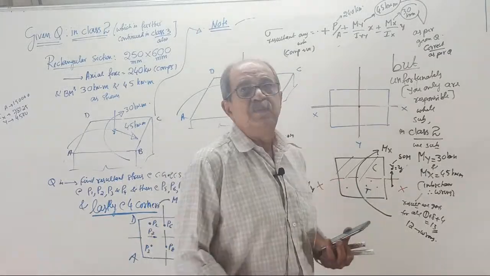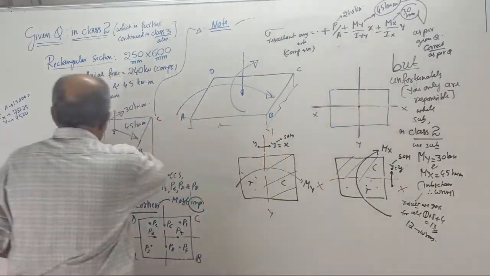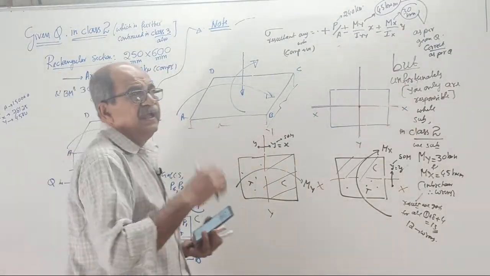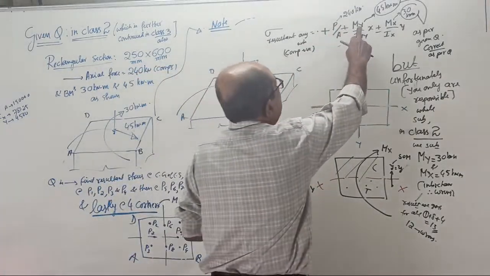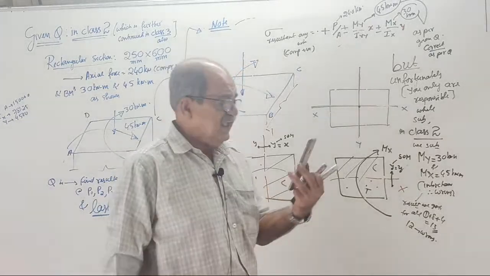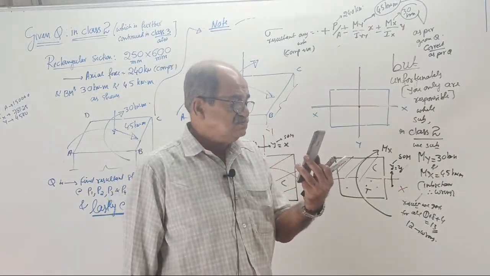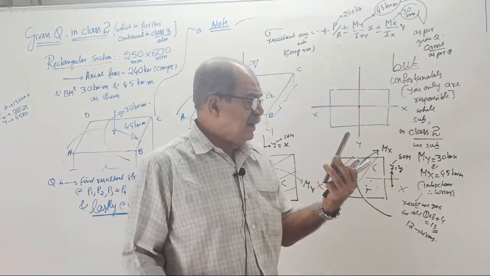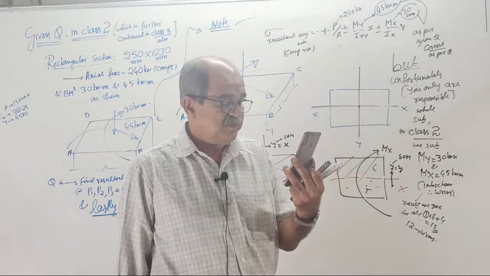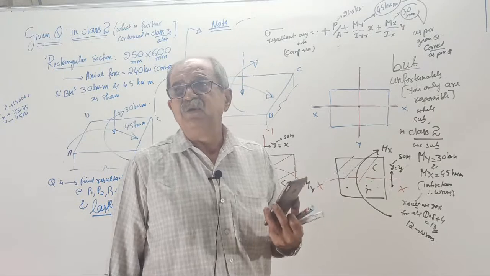Now, what to do? In class 3, we once again took this value as correct. Tell me, in class 3, how much my you took? Class 2 gone. In class 3, how much my you took? 45.